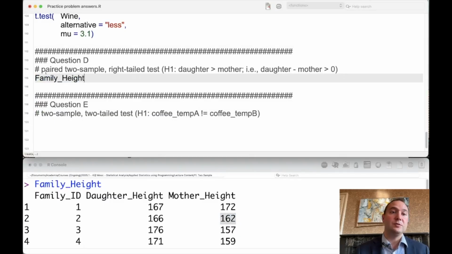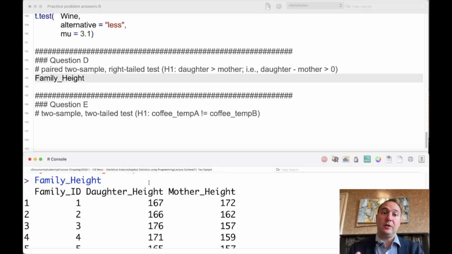So how do we do a paired t-test in R? Well, you might have guessed we also use the t-test function. Now you're getting it. Okay, so because we have a paired two-sample test, I need to indicate my testing data for my X and my Y groups.